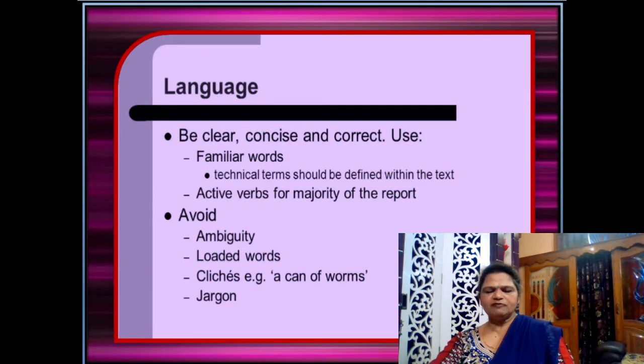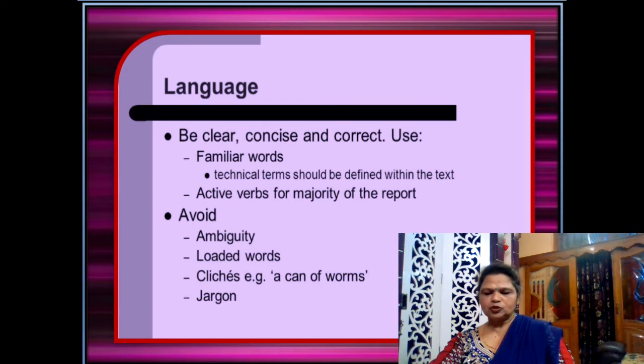The language must be very clear, concise, and correct. Use only familiar words. Ambiguity must not be there. It must be written in such a way, because this is to be published in the newspaper and all the common folk must be able to read and understand the words written in this report.